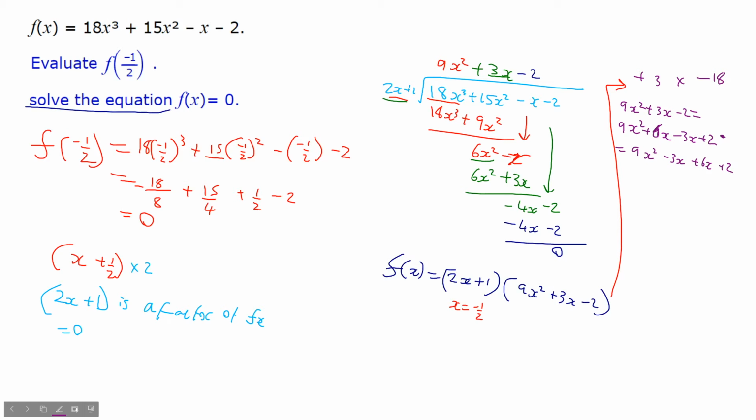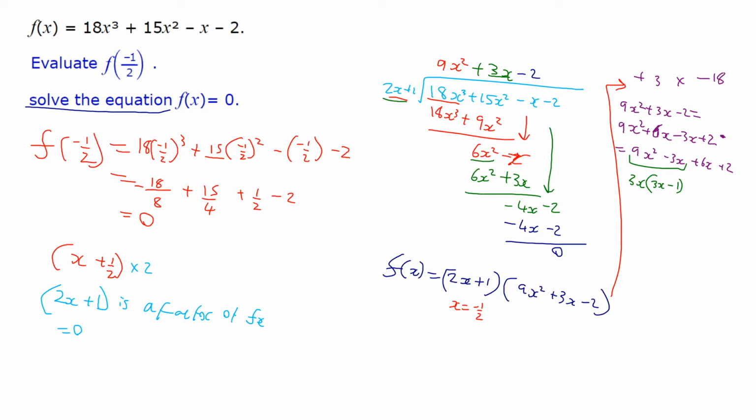And so we can factorize each of these. If we factorize that, we get 3x times 3x minus 1. And for this one, we need to get 3x minus 1 somehow.